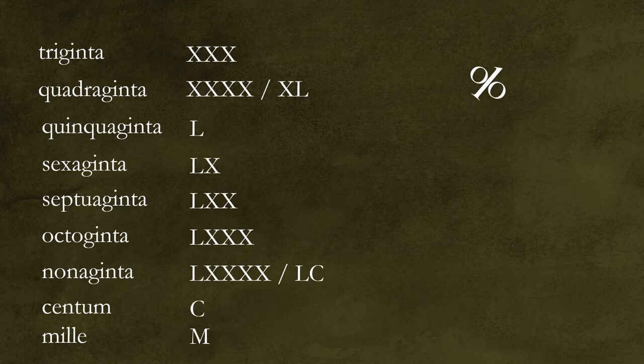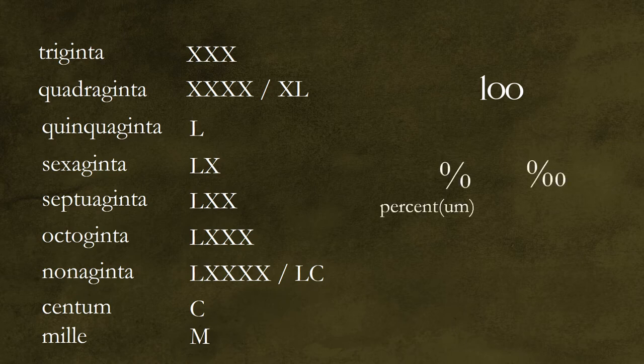And you'll see that percent sign is actually just a 100. Percent, per centum, for each 100. That's what 5% means. And then we have the less commonly used per mille, parts per thousand.